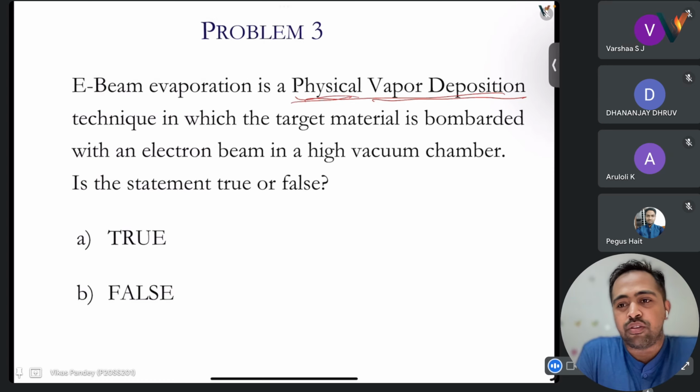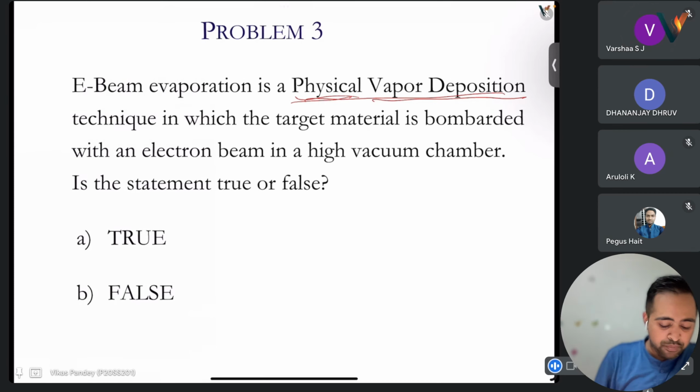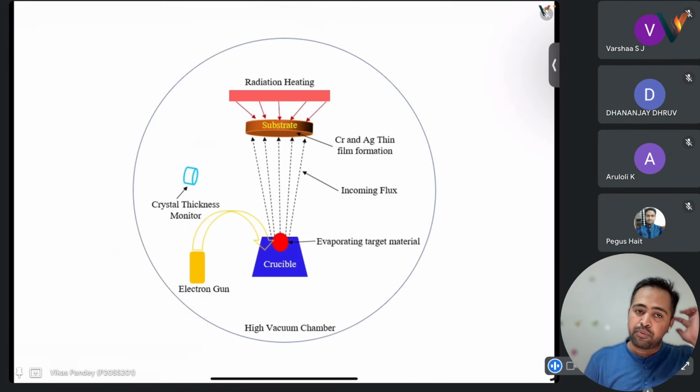Is it true or false? Yeah, it's true. So why are we calling it physical vapor deposition?